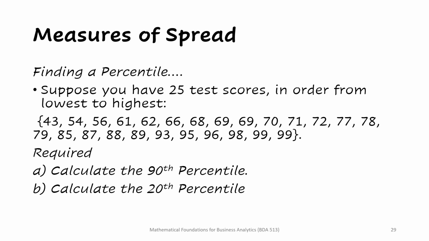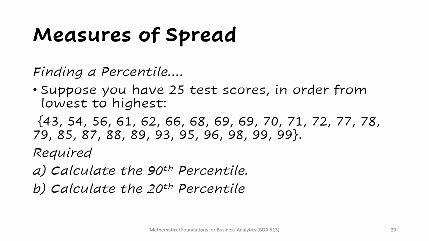After doing that, the result was rounded up because I got a decimal. I got 18.75, so I rounded it up to 19. And then the 19th figure is 89. Okay, good.